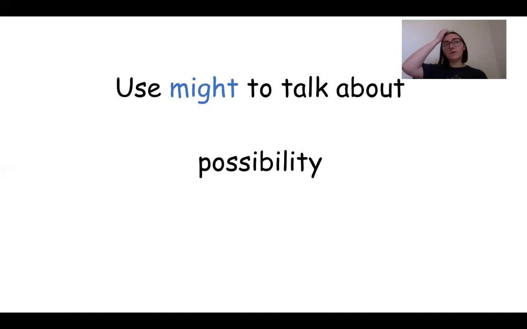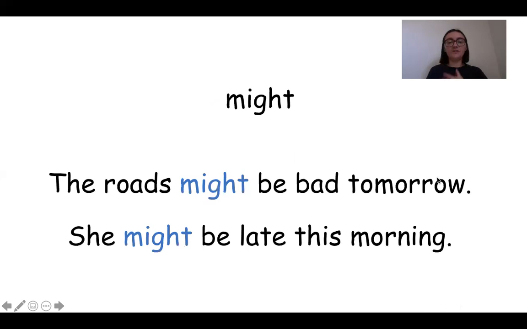So when we use the word might, it means that we're talking about things that maybe will happen, things that will probably happen, to use another verb we learned, something that may happen. So for example, we use the word might.